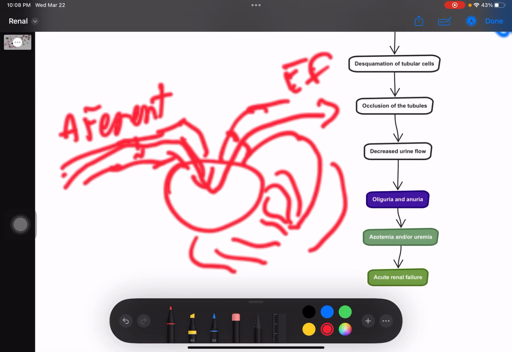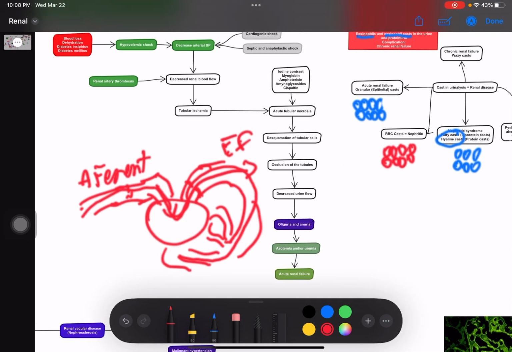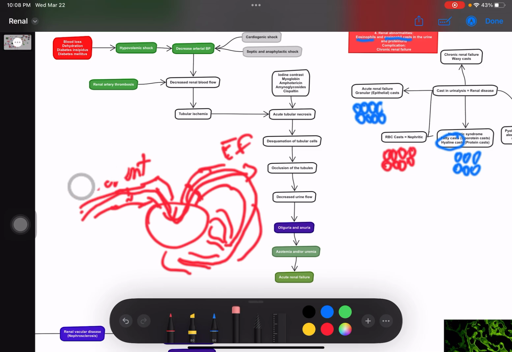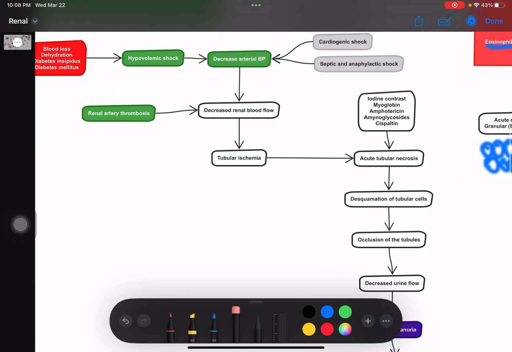So if there's constriction of the efferent arteriole, the less blood is going to get into this arteriole, and less blood is going to be supplying vasa recta. So tubules are going to get little oxygen and nutrients, which is going to cause ischemia and necrosis, right?